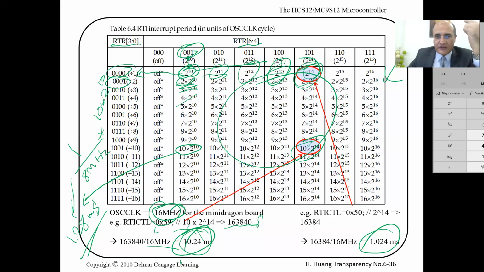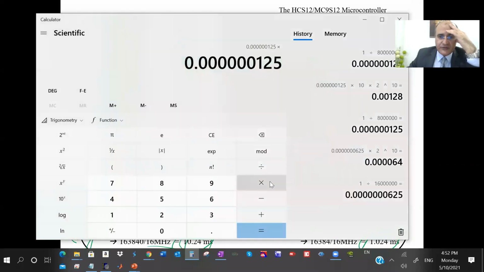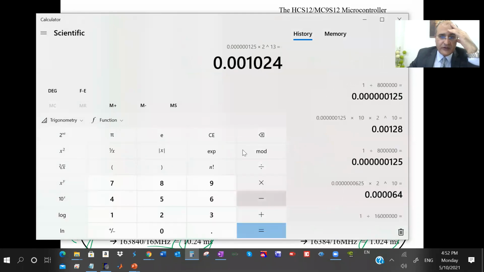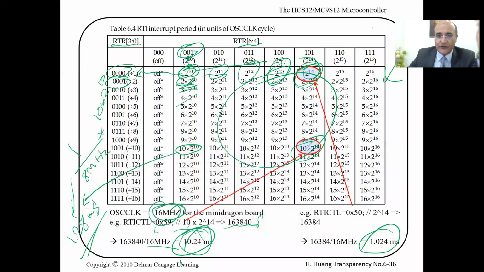Where did he get this 2 to the 14? So half of it is 2 to the 13, right? Let's do 2 times 2 to the 13. How much does it come to? 1.024, see, more accurate, much more accurate.